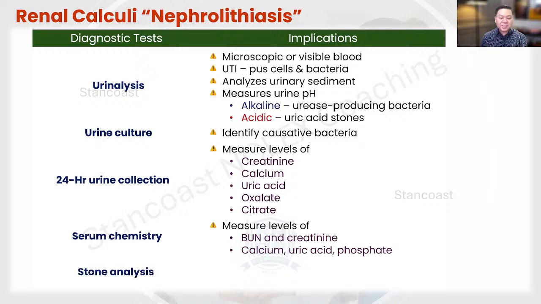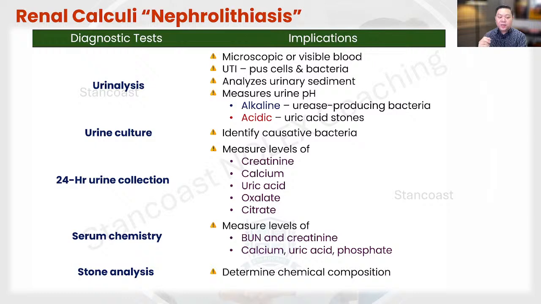And the stone analysis would really benefit because this will determine the chemical composition and this will really guide the treatment plan. Because if the stone is identified as such, let's say an oxalate or a calcium or a cystine, or it could be a struvite, then there will be a modification of the client's diet and also ways to acidify, maybe to alkalinize the urine.